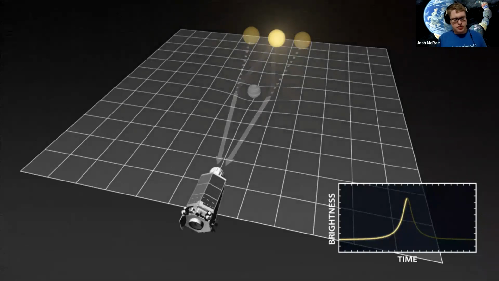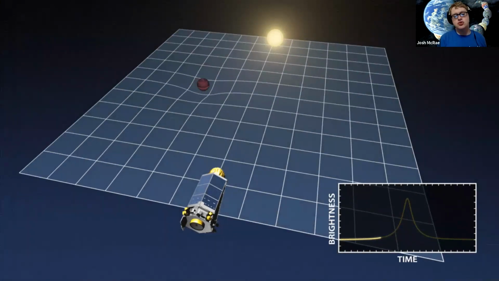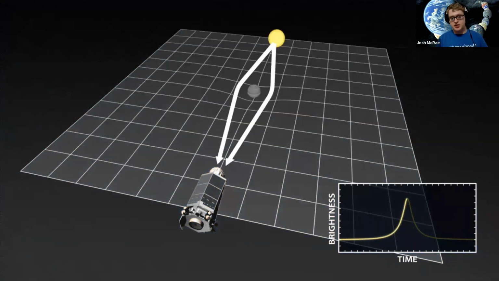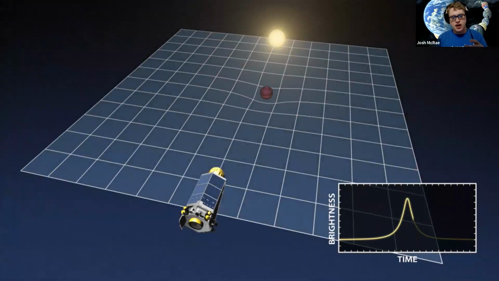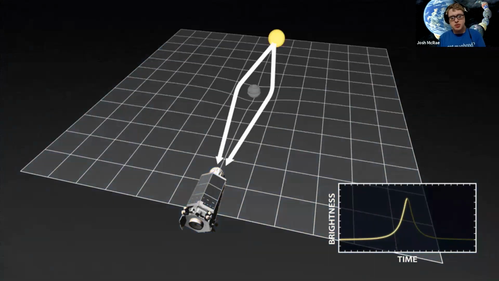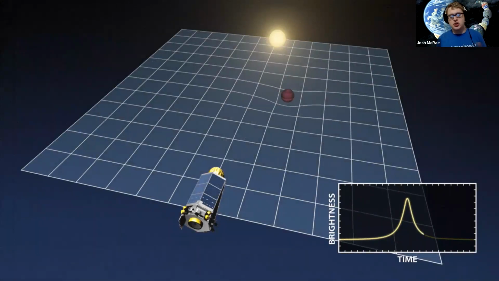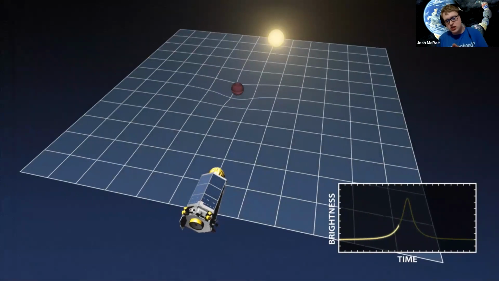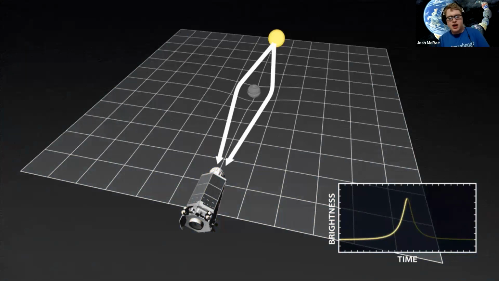If something like a rogue planet decides to pass in between us with our telescopes and a star that we're looking at, that light that is heading directly towards us can't reach us because it's hitting the planet, but light emits in all directions. So the light that's just a little off actually gets bent and pointed back at us.